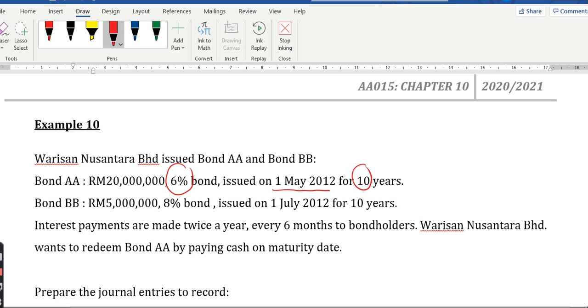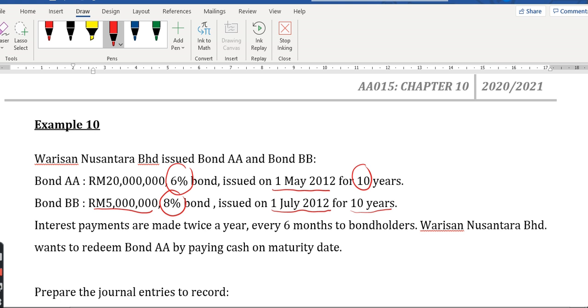Then the same company issued another bond with the amount of 5 million. The one that is issued for bond BB, the interest rate is 8%. This is issued 2 months after, that is on the 1st of July 2012, and the tenure is also for 10 years.